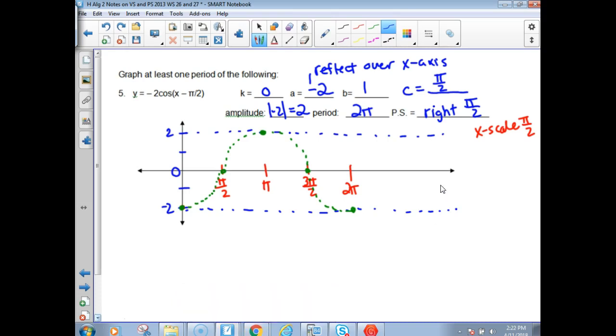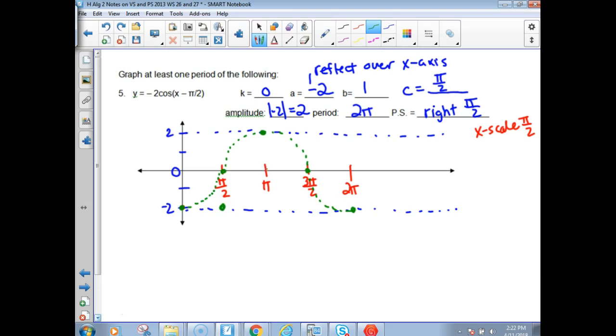Okay, guys, so we've got to shift this now. The shift was right pi over 2. This is a really nice shift because we're already labeled in terms of pi over 2. So our actual graph would be this point right here, just went right pi over 2.